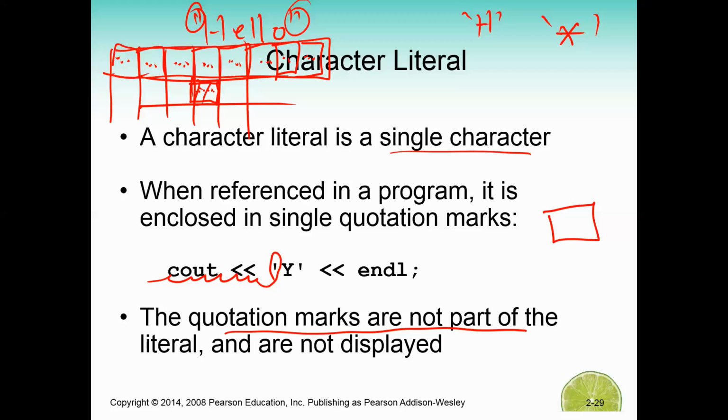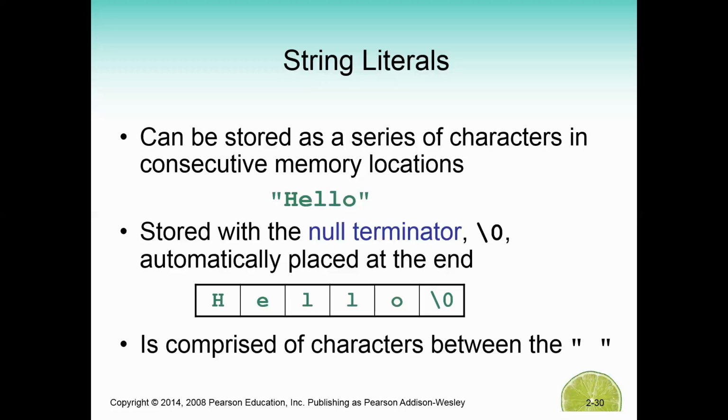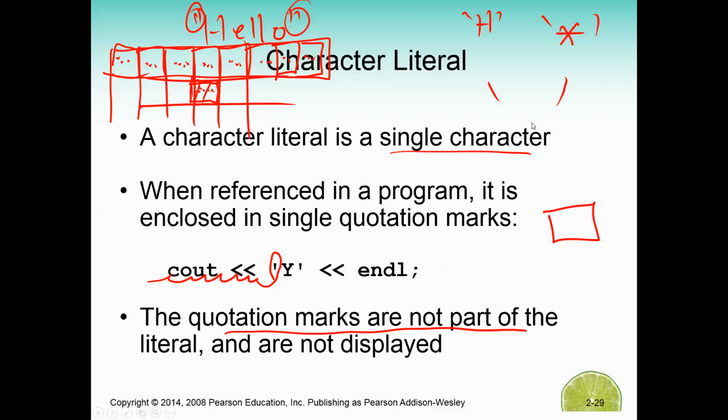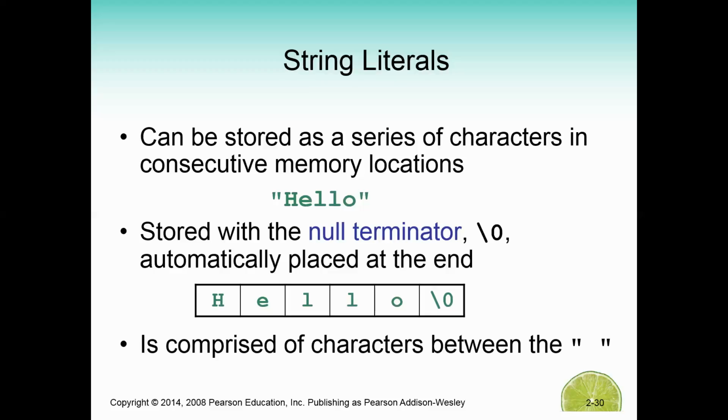Okay, now, if we're going to be talking about constants, we know that if it's a character constant, we're going to surround it by single quotes. If it's two characters or more, they are going to be surrounded by double quotes, and we call them string constants or string literals.